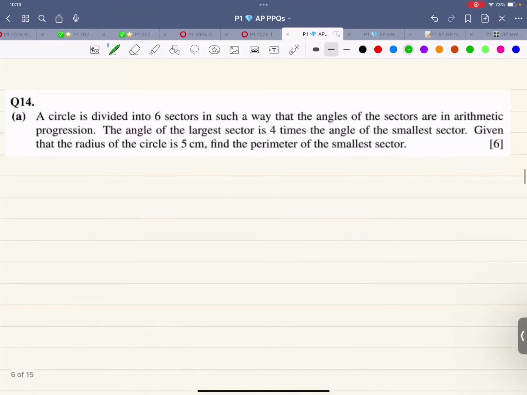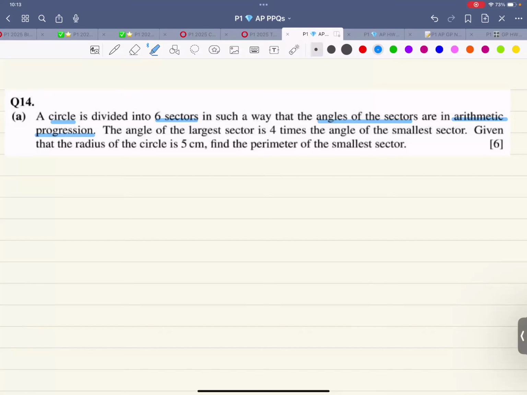Now, people, another question that you see on the screen, that is a different kind of question, something related with circle. And let's see how it goes. So now over here, the black marker and then this thing. The question says a circle is divided into 6 sectors in such a way that the angle of the sectors are in arithmetic progression.